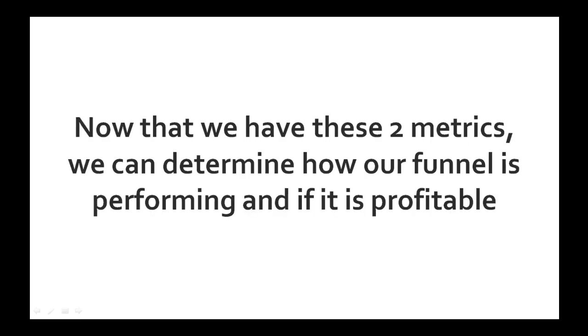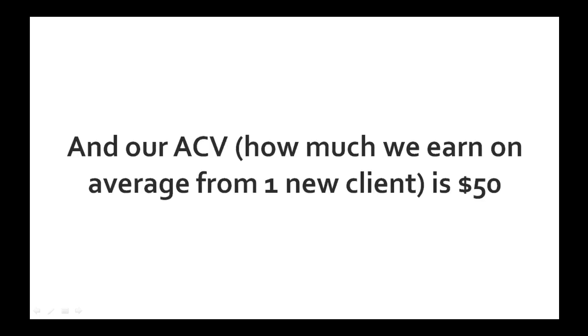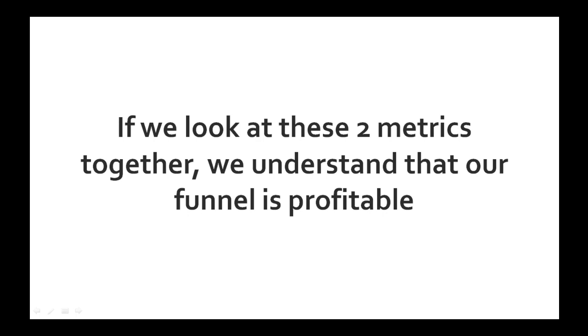Now that we have these two metrics, we can determine how our funnel is performing and if it is profitable. In our example, the CPA, how much money we spend to get one new customer, is $30. And our ACV, how much we earn on average from one new client, is $50. If we look at these two metrics together, we understand that our funnel is profitable.